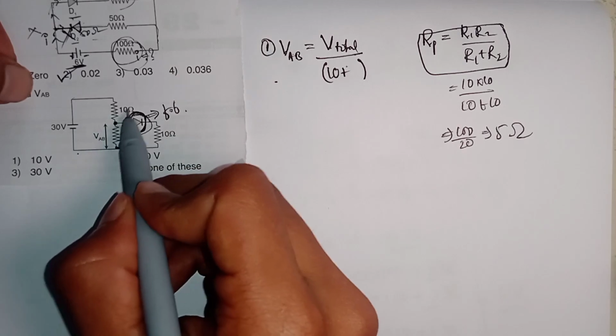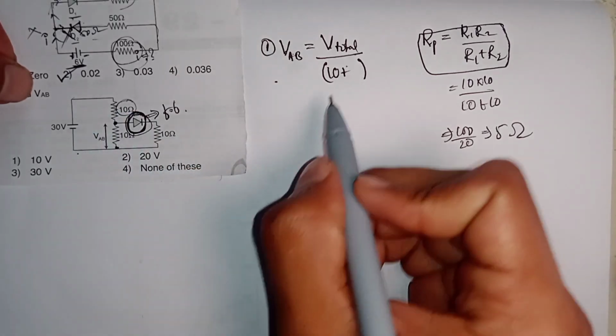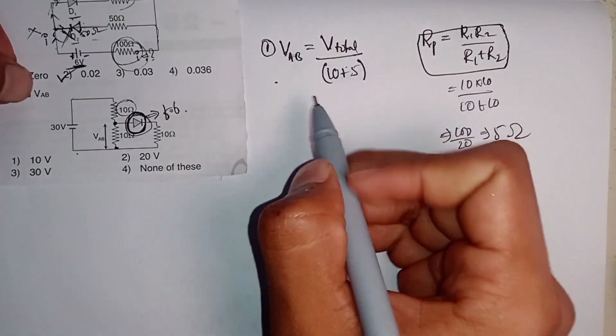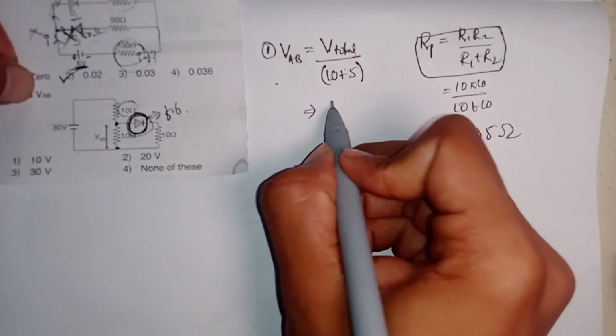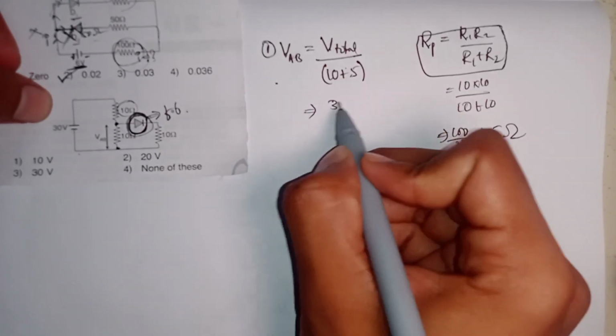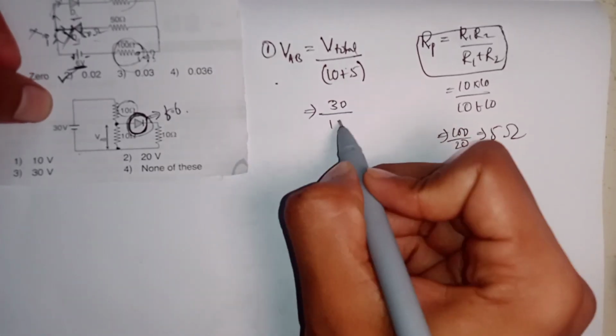Coming to the question solving, VAB is equal to V total divided by the resistance through this circuit, that is 10 ohm adding to that 5 ohm. So the total voltage given is 30 divided by 15.